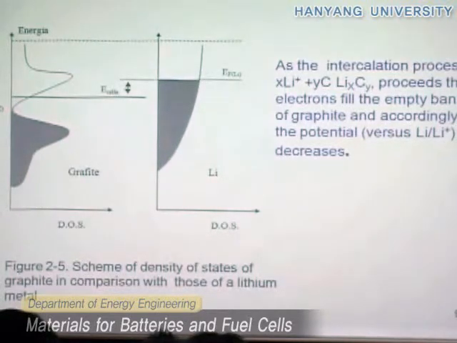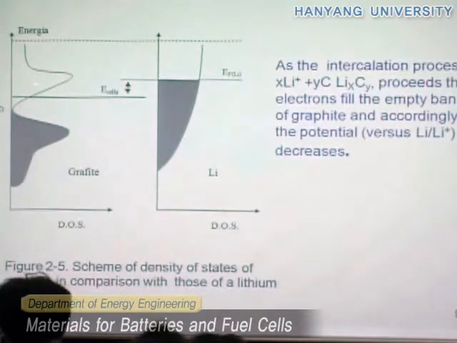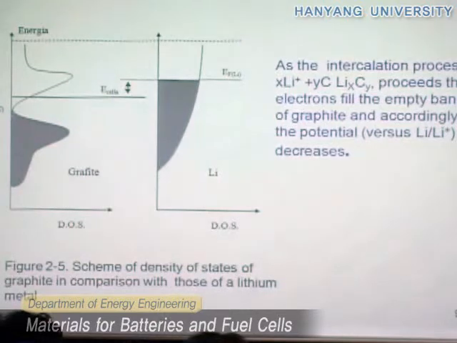But as it happens in a semiconductor, when we have the valence band filled and the conduction band empty, in a semiconductor there is a gap between the filled state, the valence band, and the empty state, the conduction band. There is no gap here. So it is very easy to go from one level to the other. So this is why graphite is a semi-metal.